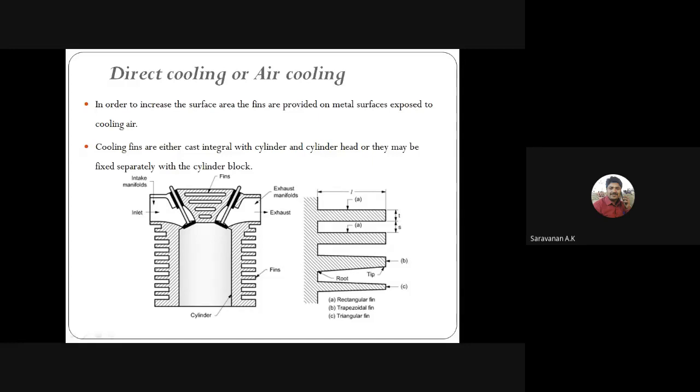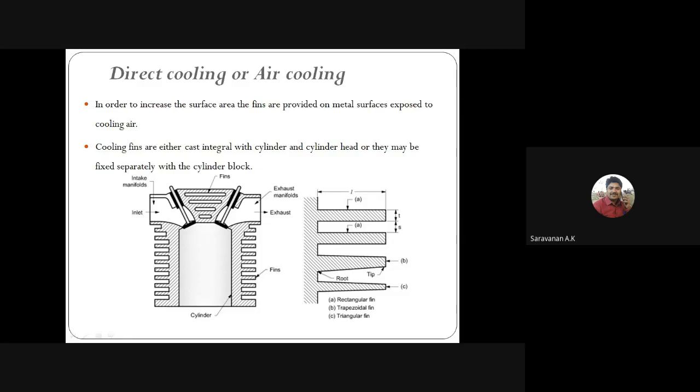The cooling fins are either cast integral with the cylinder and the cylinder head, or they may be fixed separately to the cylinder block. That type of cooling system is also an air cooling system.